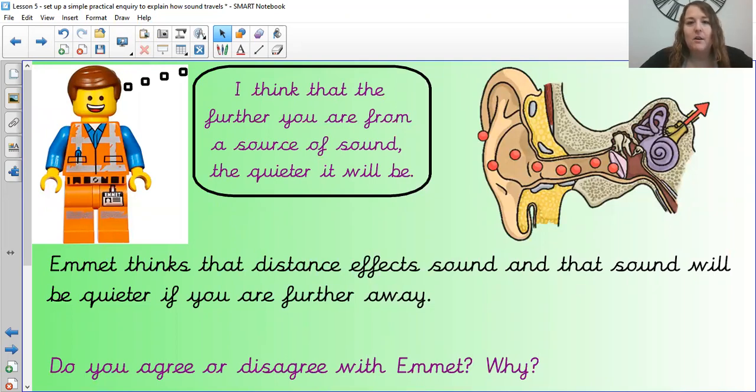So think about the knowledge that we've learned over the last few lessons on sound, especially last lesson where we were looking at distance. Do you agree or disagree with Emmet, and why? It's important that you have some kind of reasoning or some kind of explanation as to why you think that at the moment, but don't worry because it might change in a minute.